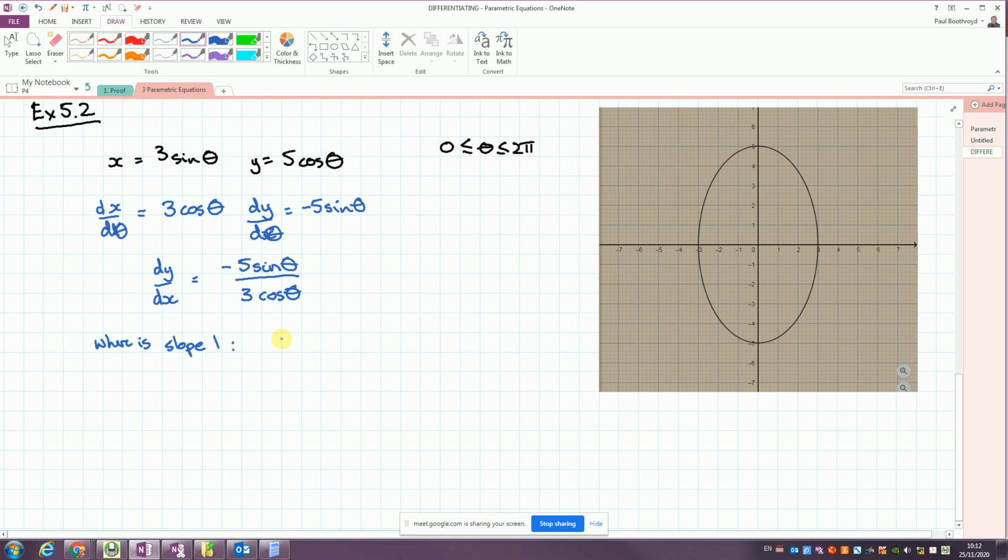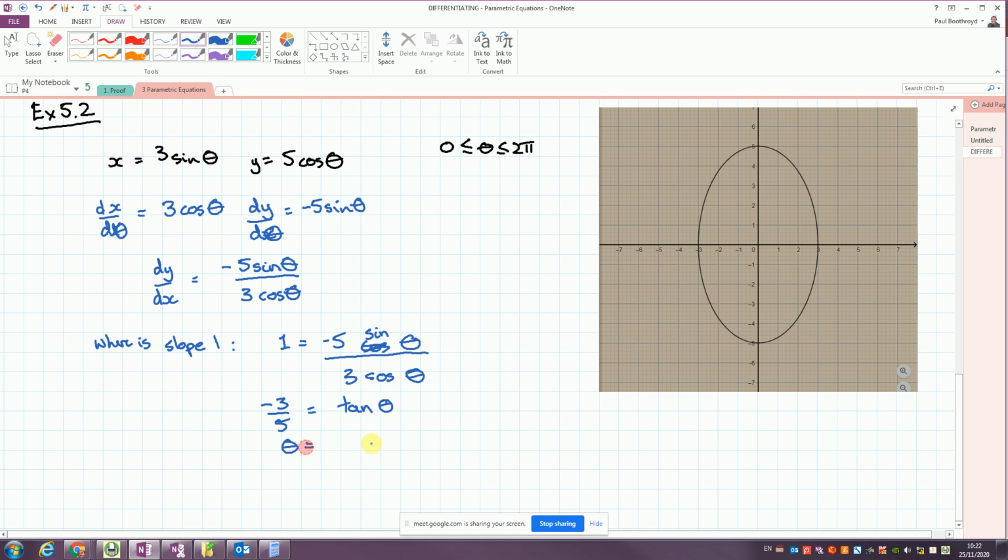And where the slope is 1, we put in dy dx equals 1, so minus 5 sine theta over 3 cos theta. Flip the numbers over and we get minus 3 over 5 is equal to tan of theta.